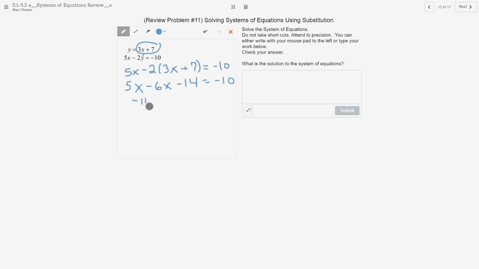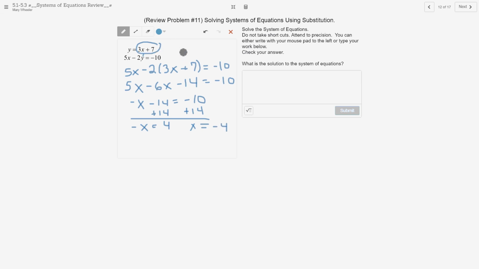Negative 11x. Try that again. 5 minus 6 is negative 1. So negative 1x minus 14 equals negative 10. Now I'm going to add 14 to both sides. And I'm going to get negative x equals 4. Divide by negative 1, and I get x equals negative 4.